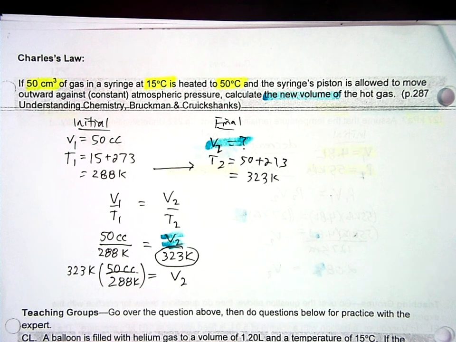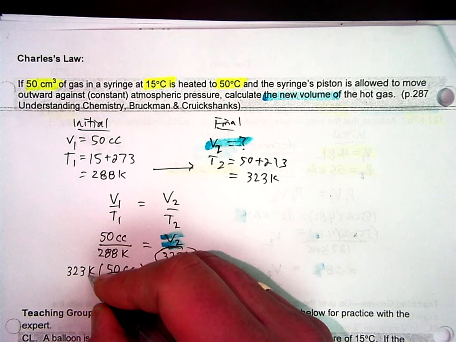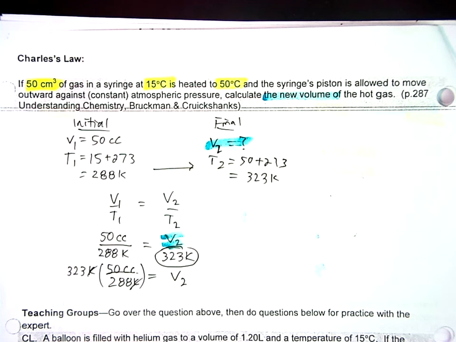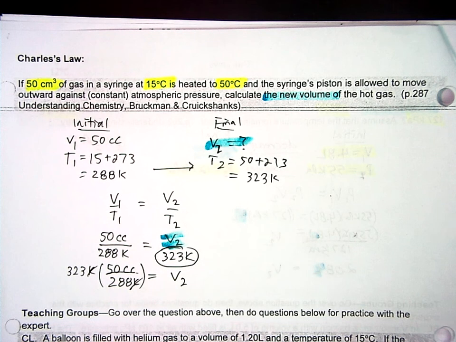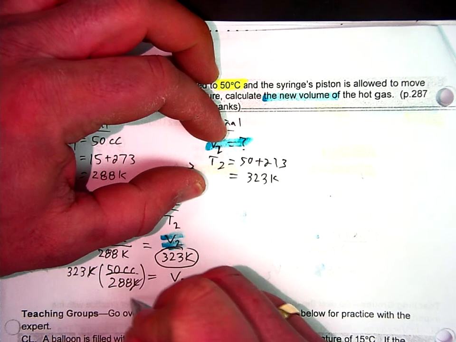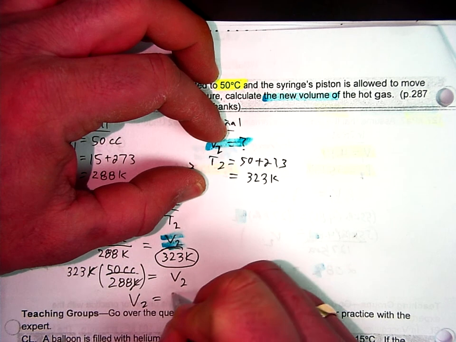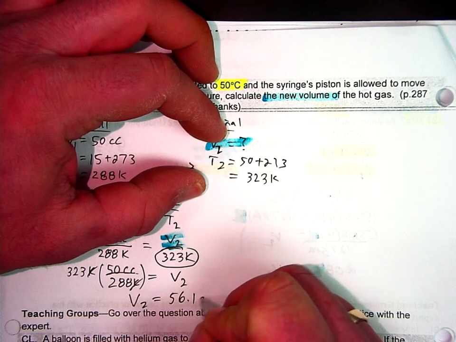Okay, so careful with that. Okay, so the kelvins are gone. I'm left with cc's. 323 divided by 288 times 50. You can do it in a couple different orders. And my new volume is now 56.1 cc's.